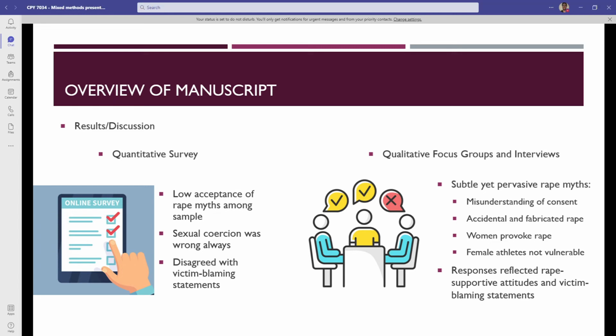The contention that some women provoke rape, such as through what they wear, and also that female athletes were not vulnerable to this. Many of the female participants said that in some ways they felt that they would not be subject to rape because of their physical strength, and so they felt that they could fight back in that situation. So these responses reflected rape support attitudes and victim blaming statements.